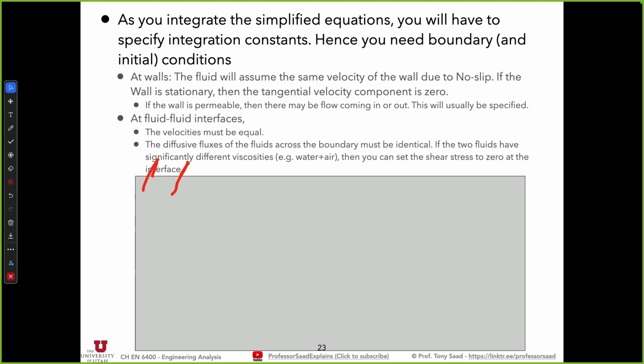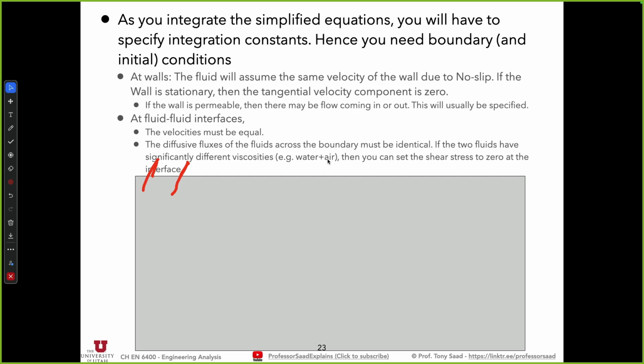When you work out the formula, you get a ratio of the viscosity of air over the viscosity of water, and you can assume that that's equal to 0. So in that case, you will assume that the slope at that liquid-air interface is going to be 0. We will do a problem about that. That's going to be one of our last problems. I'll let Maher worry about this. But for now, we only have walls.